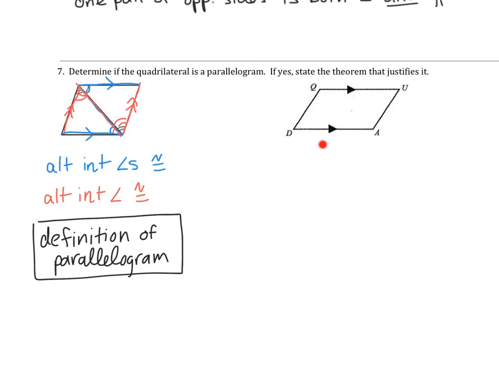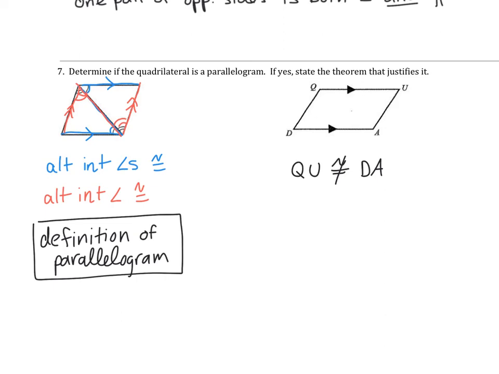Okay, so let's look at this next one. Here, all I see is that I have one pair of parallel lines. So we don't know that these are parallel, and we don't know that these are congruent. So we cannot say that line segment QU is congruent to line segment DA. That is not apparent to us.